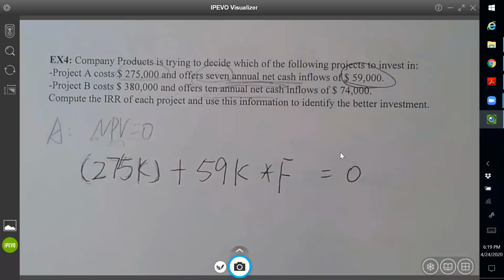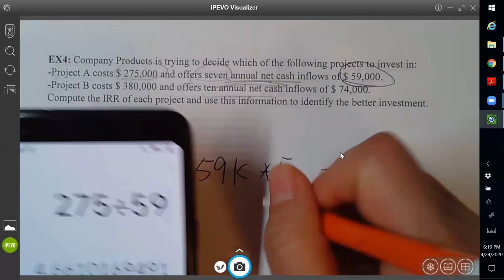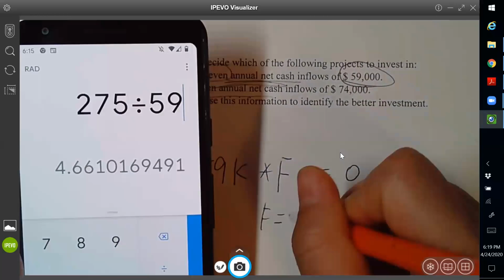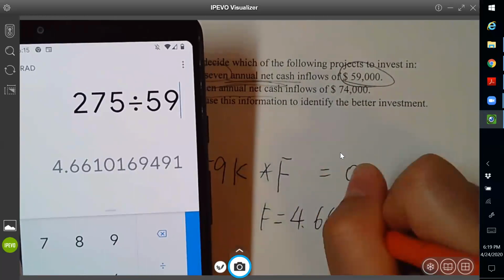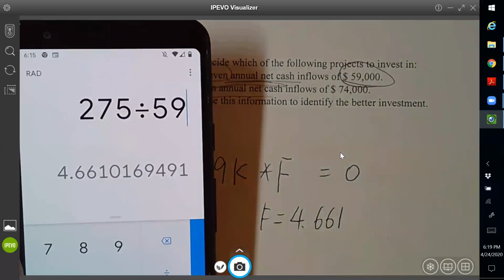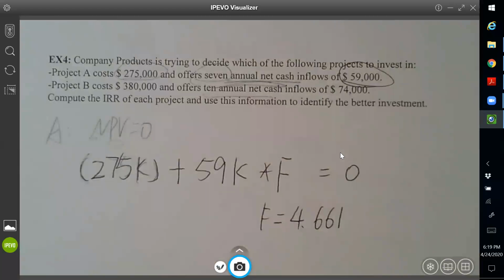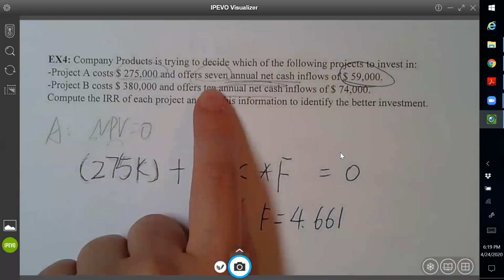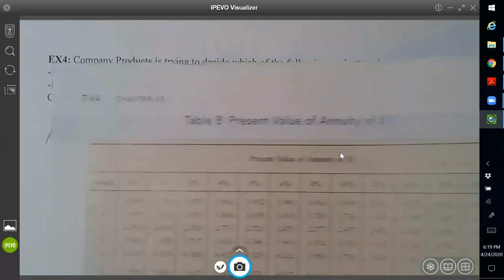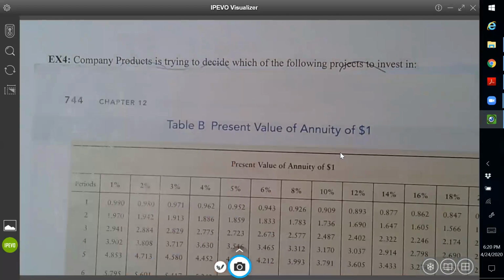And then I do the number with you. So let's say the factor has to be 275 divided by 59. I got the factor is 4.661. Annuity, 7 years.